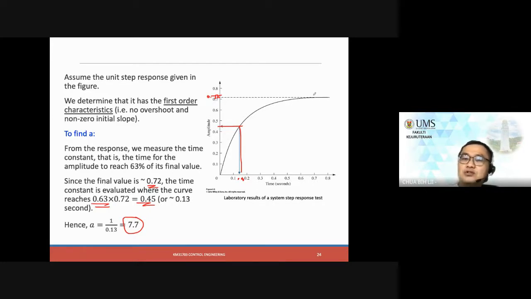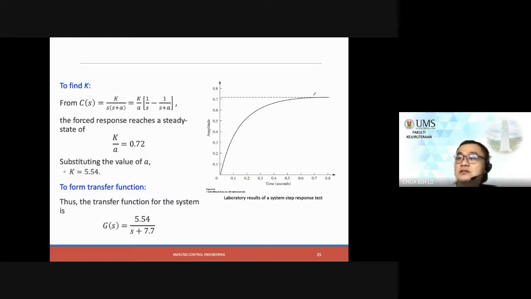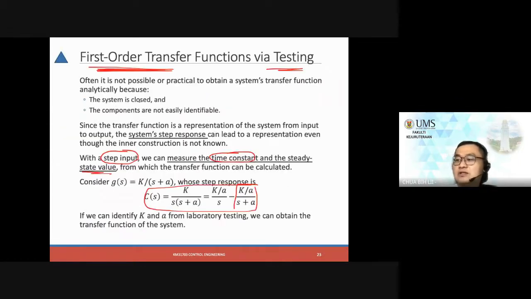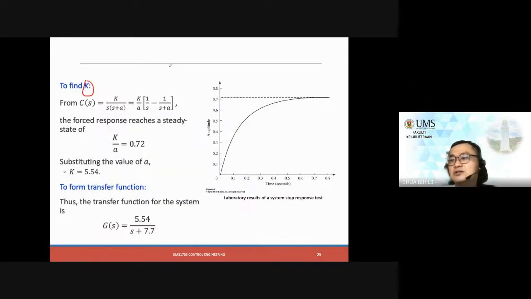Once you get this, the rest is quite straightforward. You can get the k value of your equation, because we use the step response general equation, assuming it is a first order transfer function. Once we get a, just substitute into it to find k.